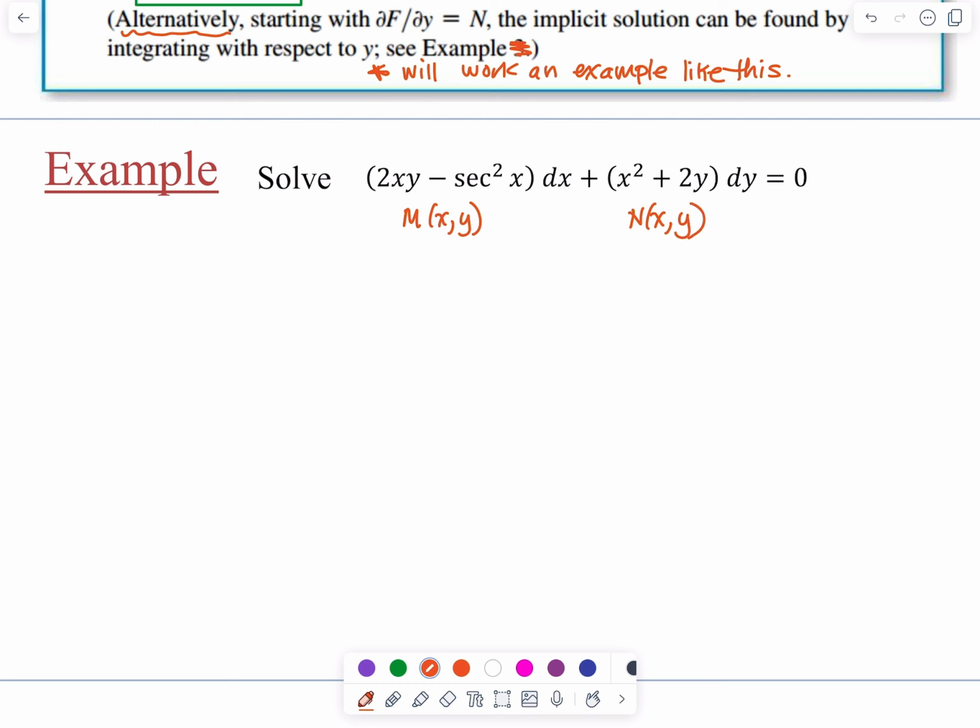And so now we have the partial derivative of M with respect to y, which is 2x. And that is going to be equal to the partial derivative of N with respect to x, and that is also 2x.